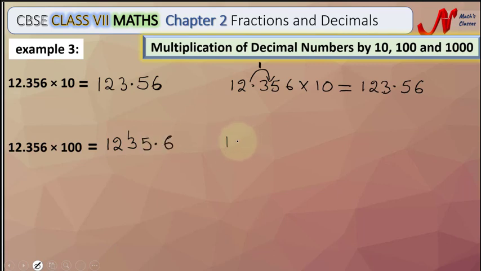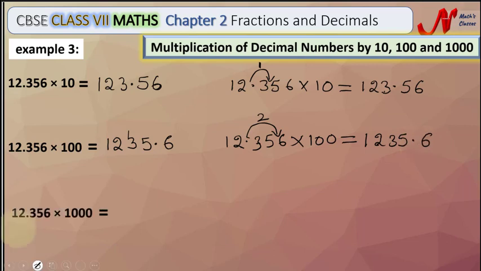because when we are multiplying 12.356 with 100, here we have two zeros, so we shift the decimal point two places to the right. So we can write 1235.6 in the product.